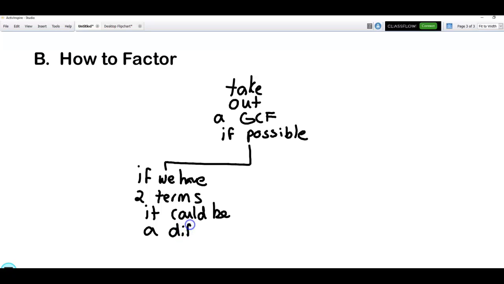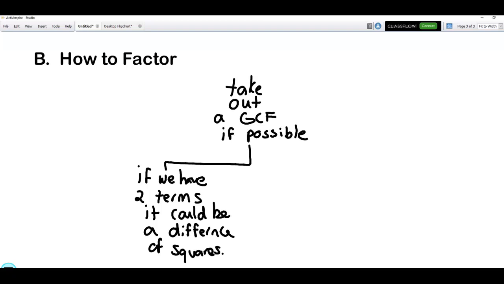Notice I'm saying it could be. And you guys may not remember what I mean by difference of squares, but we are going to review that today, what a difference of squares is. And that's another factoring strategy.